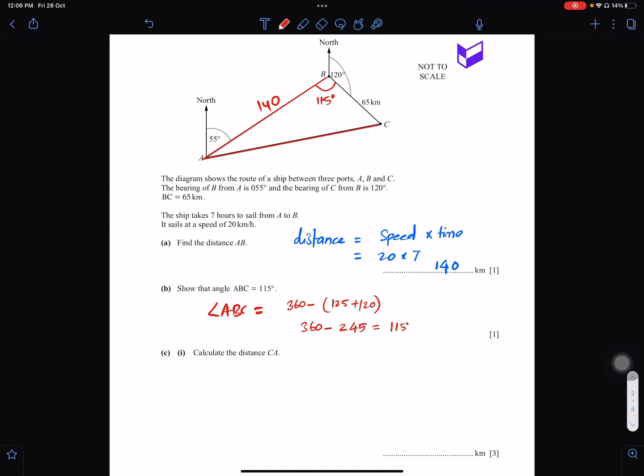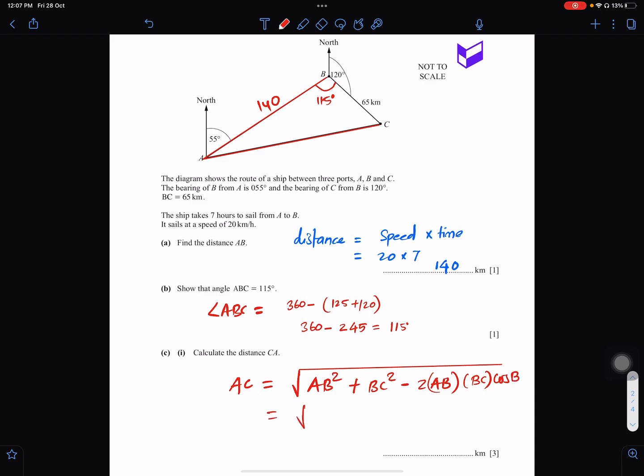If we apply the formula for the cosine rule, AC is going to be equal to the square root of AB squared plus BC squared minus 2 times the distance AB into the distance BC into cos of theta, which is the cos of angle B out here.